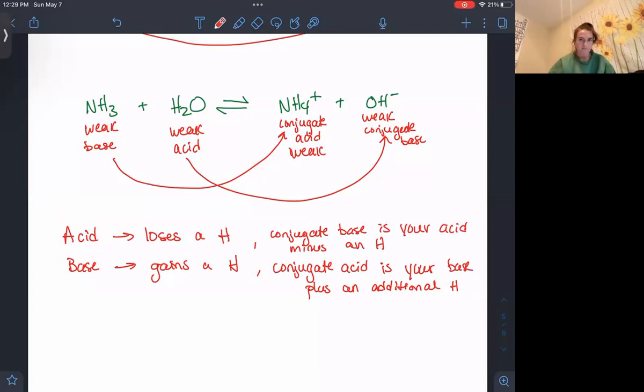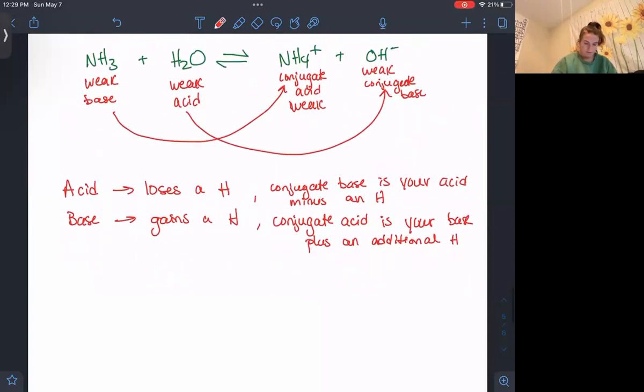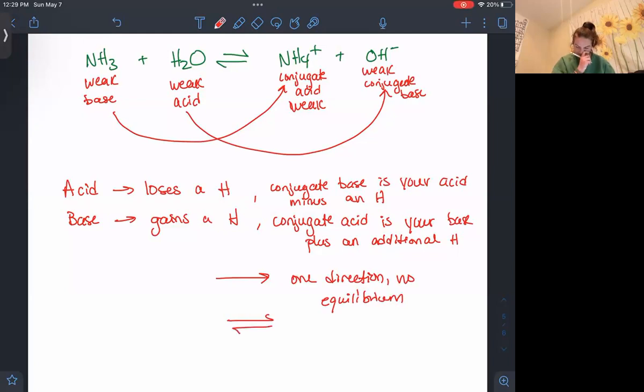Yep, so your arrow this way just means one direction, no equilibrium. Your double arrow is at equilibrium.